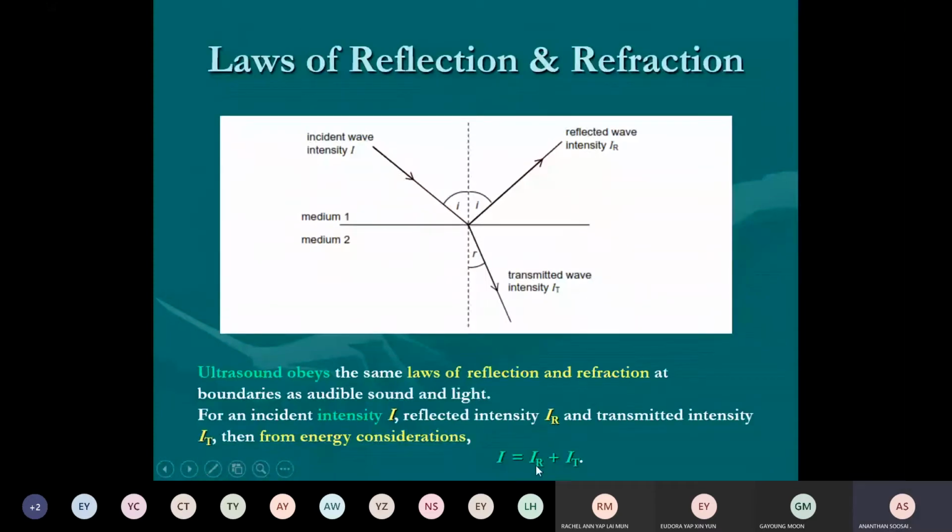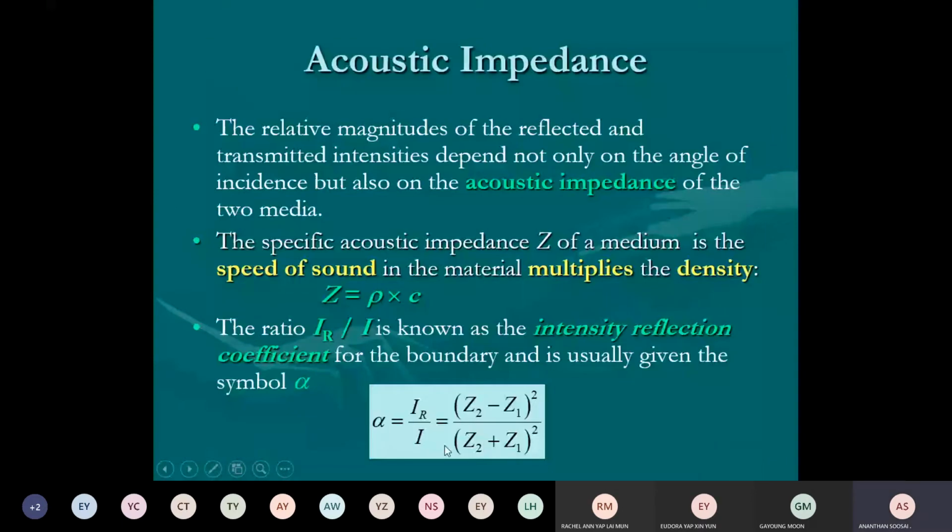Then we talked about intensity. The incident intensity is reflected and transmitted. Then we talked about a new term called acoustic impedance. Acoustic impedance is the speed of sound times the density of the medium. It is important to determine the reflection coefficient, alpha, which tells the fraction of intensity that has been reflected. So Z2 minus Z1.